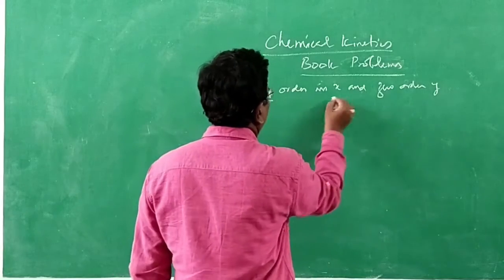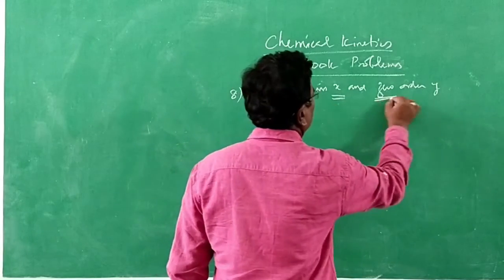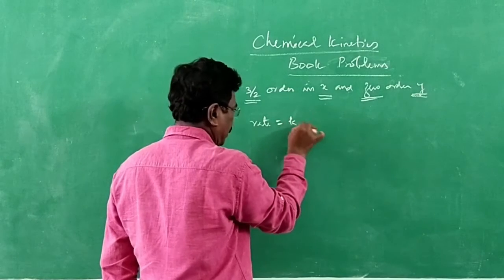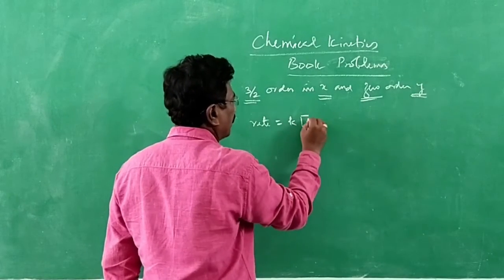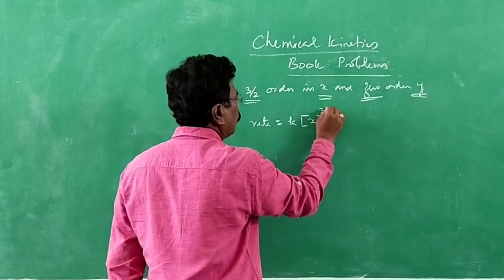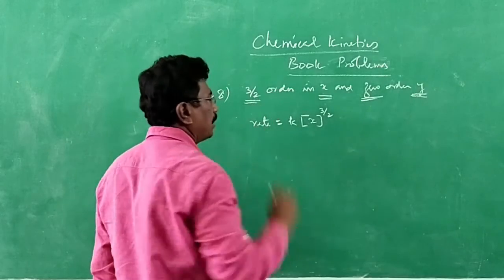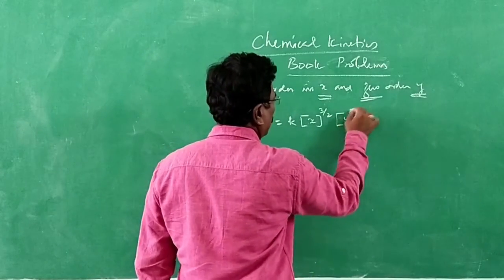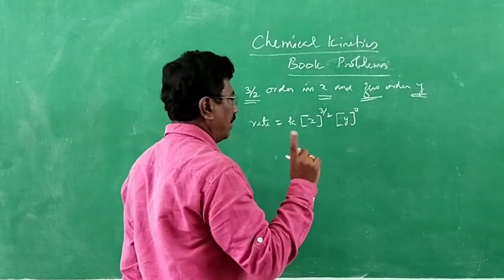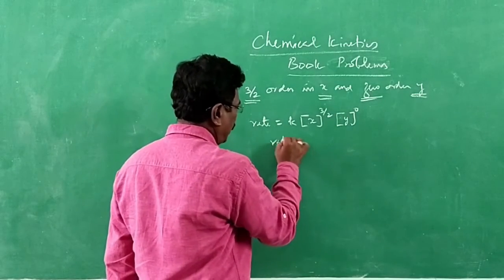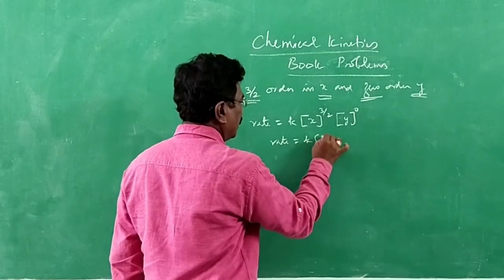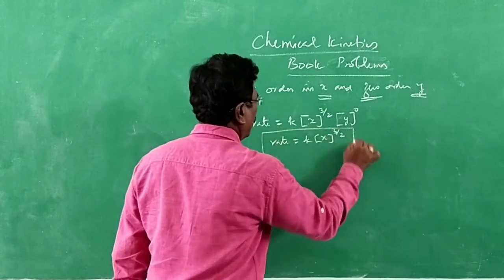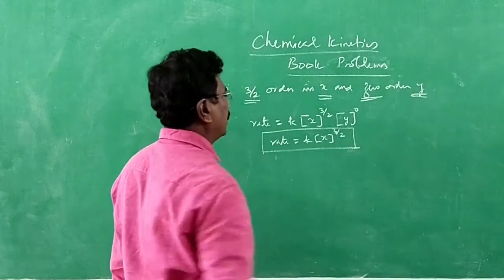Order is 3/2 with respect to X, order is 0 with respect to Y. Therefore, rate is equal to rate constant into molar concentration of X to the power 3/2, because order with respect to X is 3/2, and Y to the power 0. And anything to the power 0 is 1. Therefore, the rate law will be rate is equal to rate constant into concentration of X to the power 3/2. That is the rate law. And the total order of the reaction is 3/2.